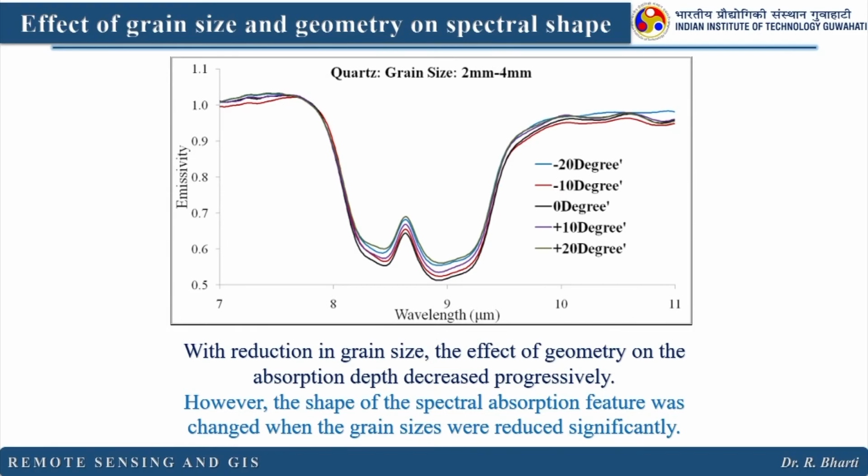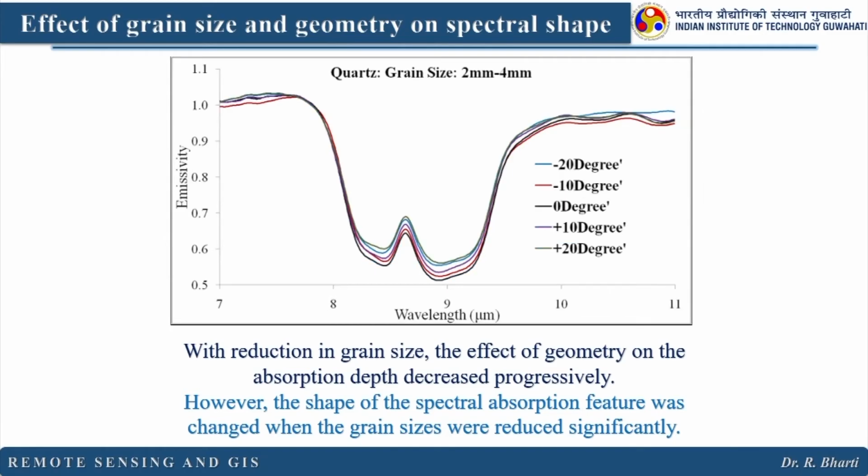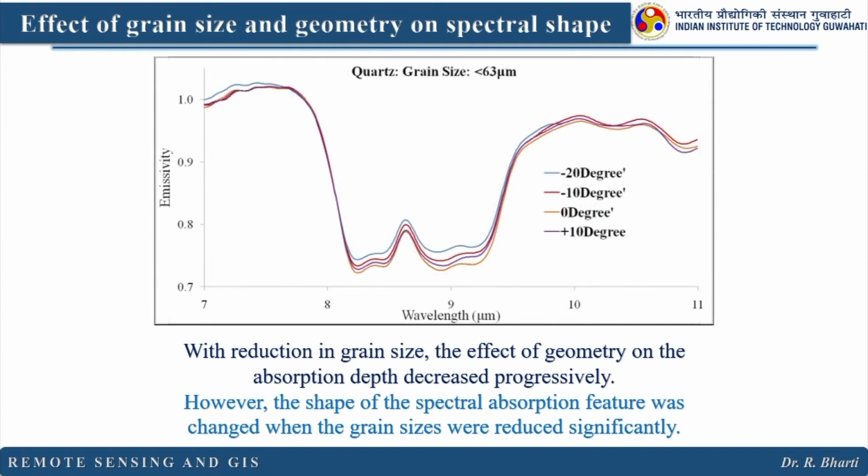The next graph shows the quartz grain, but the size is changed to 0.7 to 2 mm, and here also we have 0, 10 and 20, right. So, you can see the result here. In the third case, the size was less than 63 micrometer.